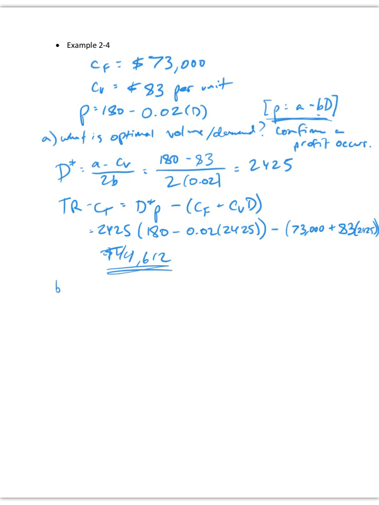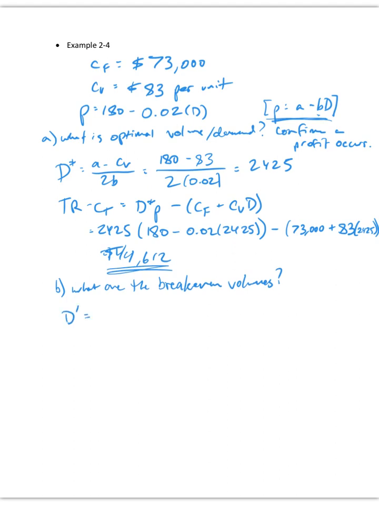Now in part B, we want to figure out what are the break-even volumes. So these are the D primes. And again, we look back to the previous page and we saw our quadratic formula.